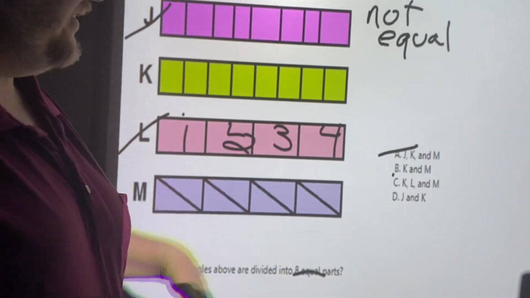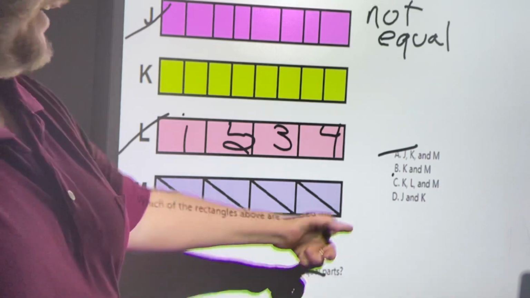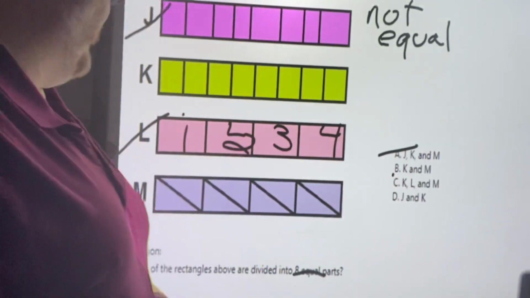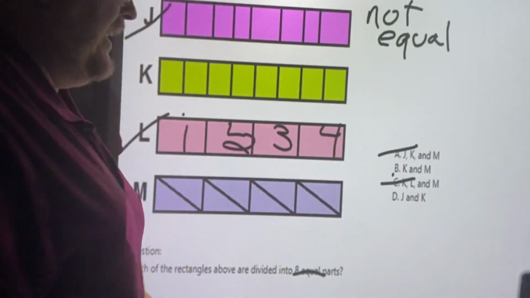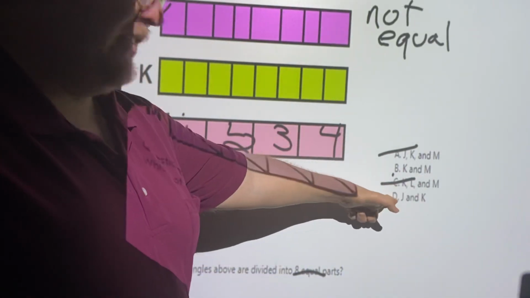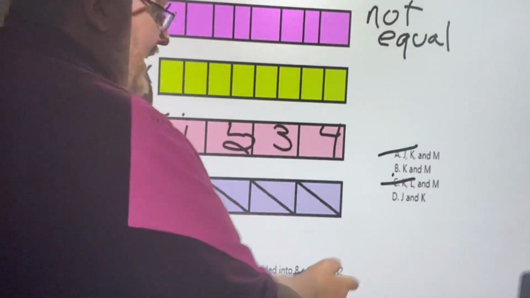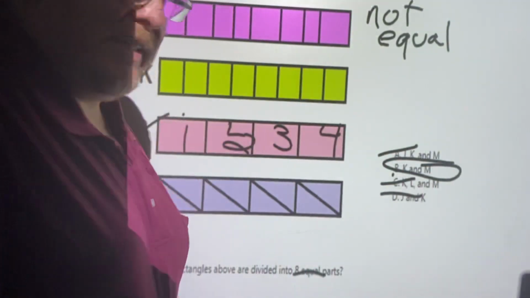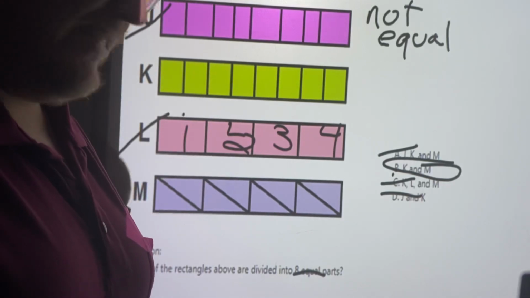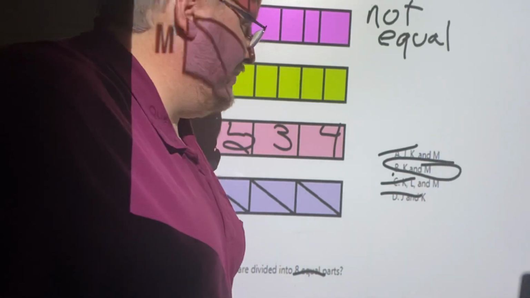Right. So A is out. I noticed that even C has a silly answer. It says L. It has an L in it. And D has a J in it. So I can mark out my 3 silly answers. The next thing I know, I have my correct answer. All right. This one was the second most missed question.